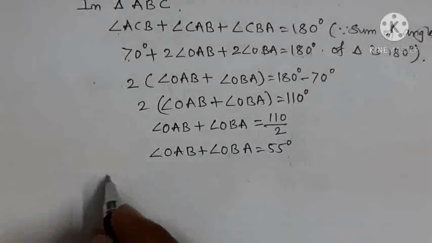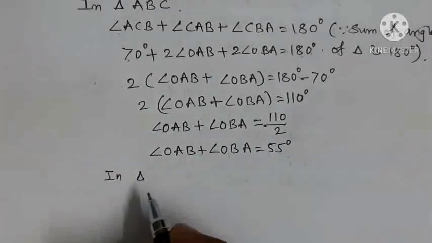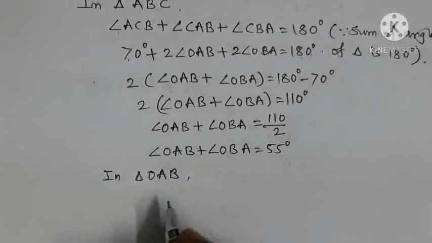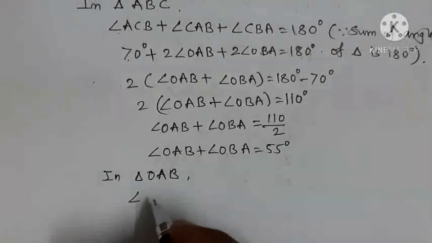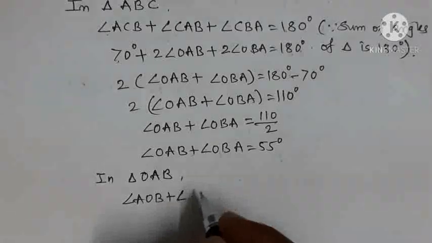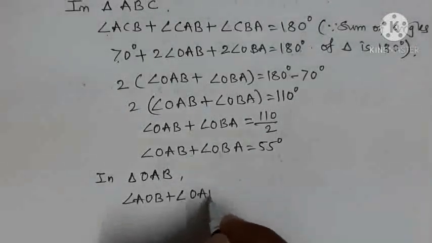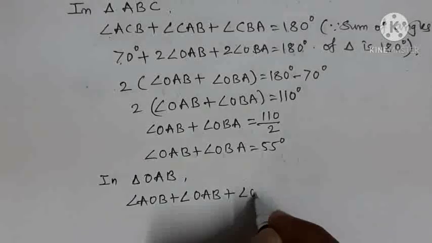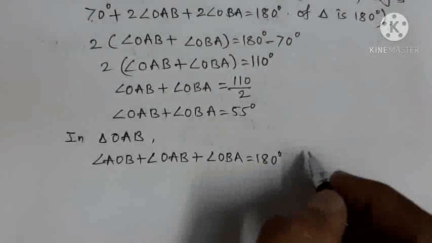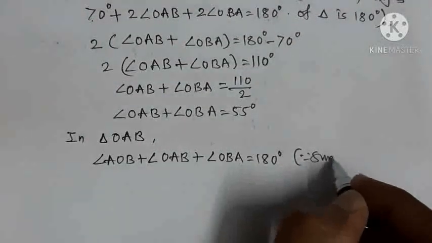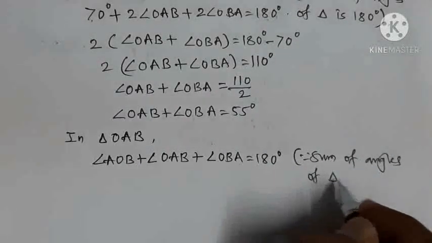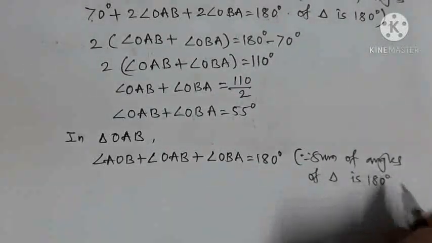Therefore in triangle OAB, angle AOB plus angle OAB plus angle OBA is equal to 180 degree, because sum of angles of a triangle is 180 degree.